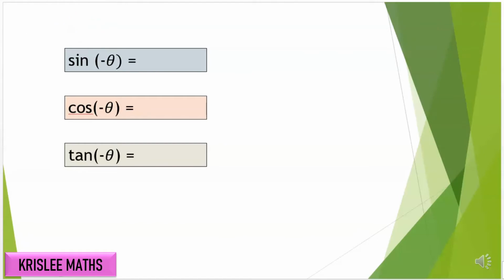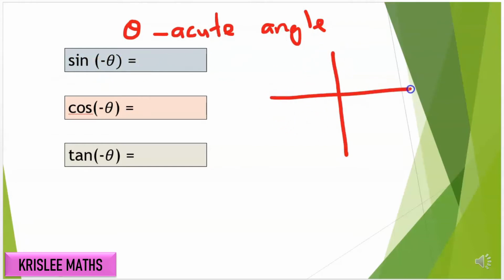Okay, let's see how to get sine negative theta, cos negative theta and tangent negative theta. Here I am referring to theta as an acute angle. So, sine negative theta. Negative theta means I have to move in the clockwise direction from the positive x-axis.